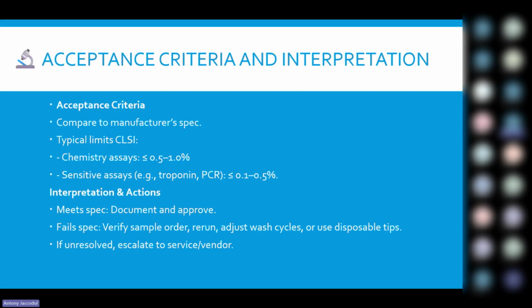So you remember, certain tests should have as minimal carryover percentages as possible. For most clinical chemistry assays, the carryover that is acceptable is normally between 0 to maybe 1%. But for very sensitive analytes like troponin, carryover should be very, very minimal.